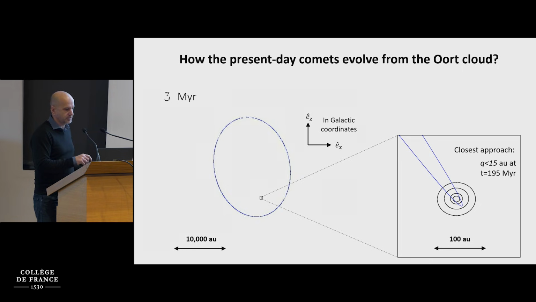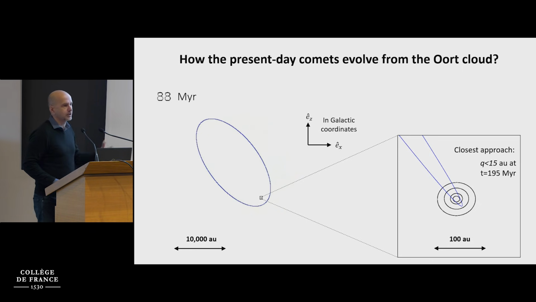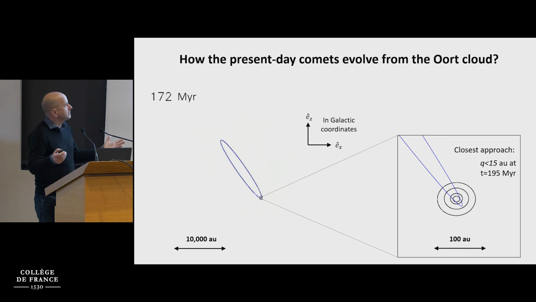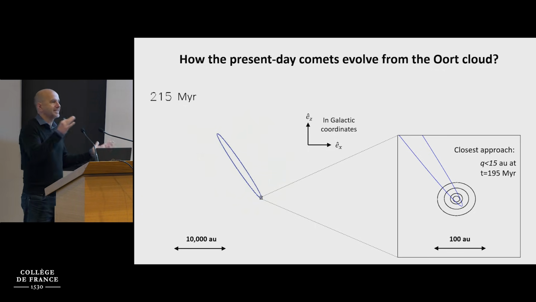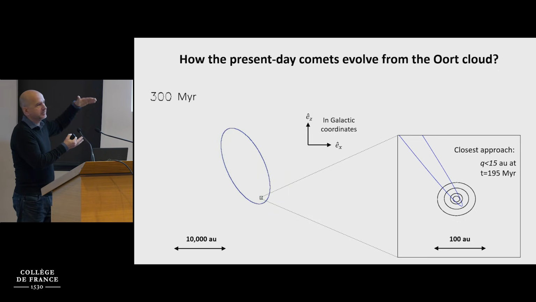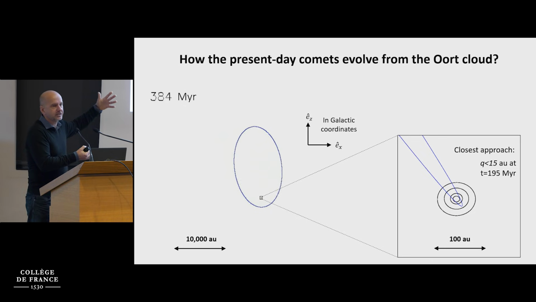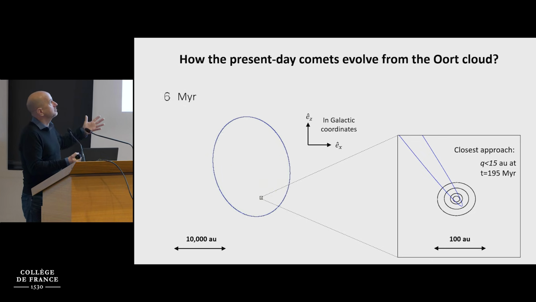And this is what happens over time as I follow this object and plot the orbit. You can see the effect of the galactic tide. The orbit becomes less inclined, more eccentric. The semi-major axis is roughly conserved, but you can see some jitter there. This is because of the encounters of that body with the giant planets.